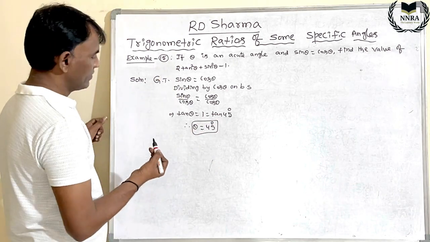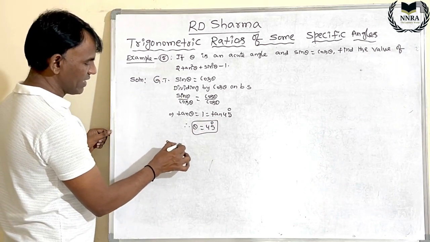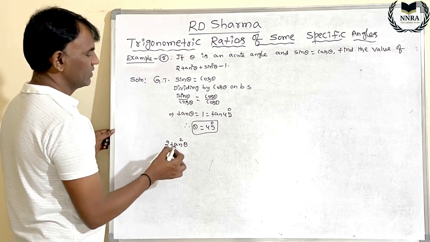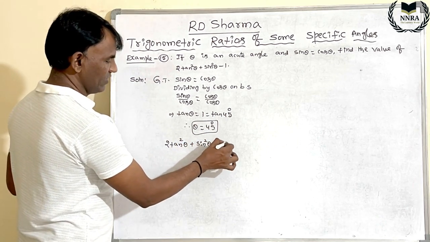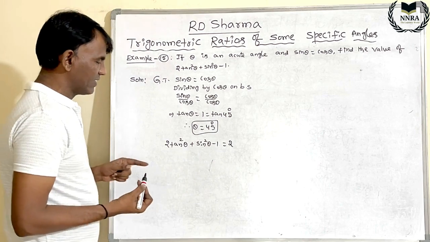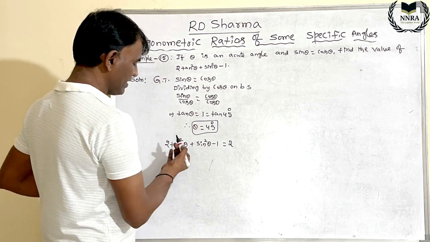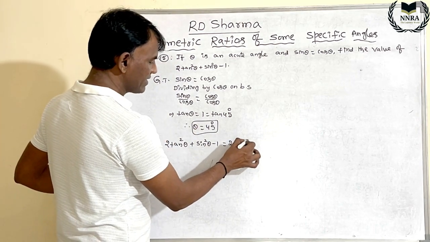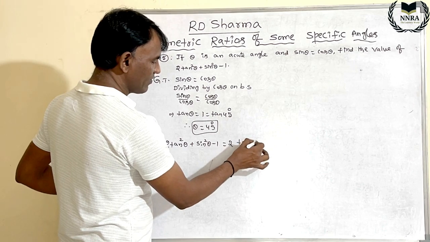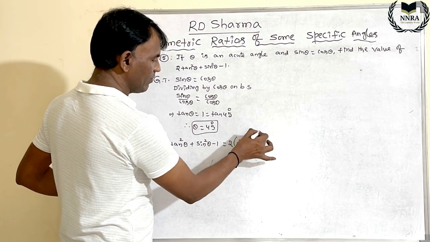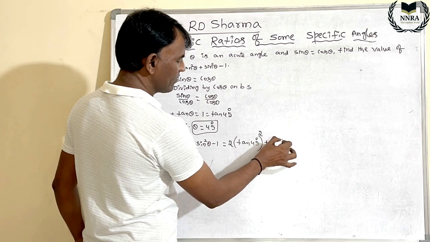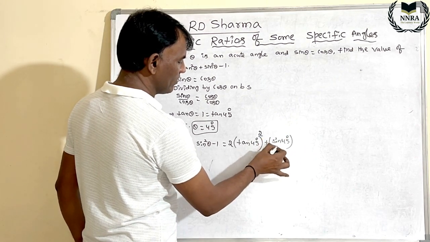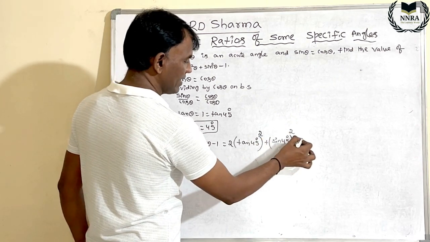Okay, now what is the required value here? 2 tan square theta plus sin square theta minus 1. So 2 into, theta is 45, tan square means tan 45 degrees whole power 2. And coming to the second one, sin 45 again whole power 2, so minus 1.